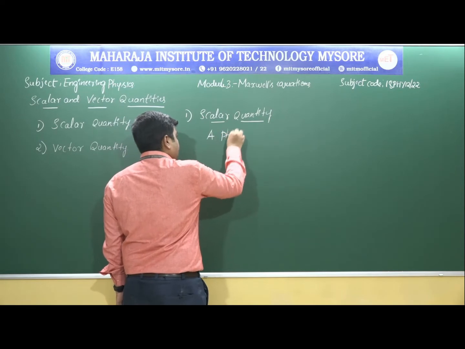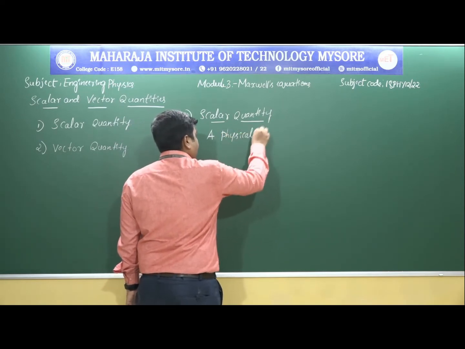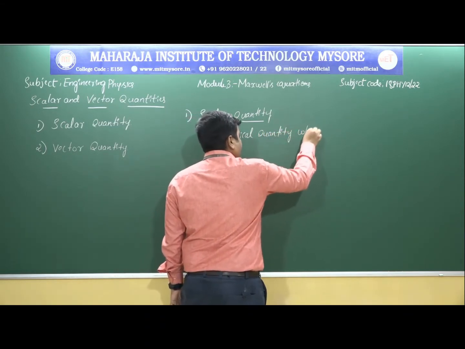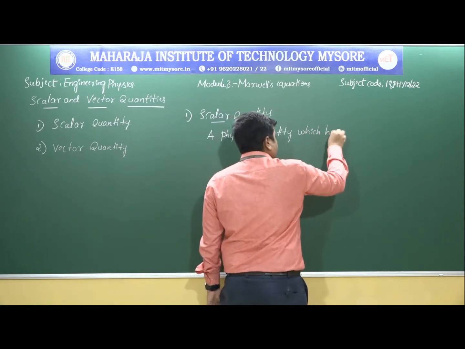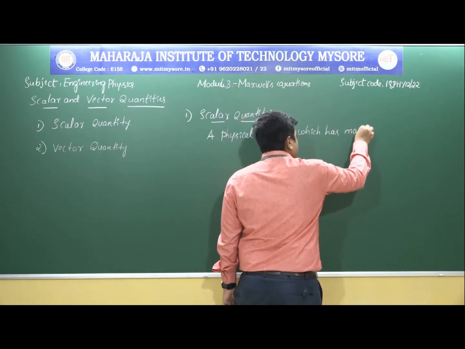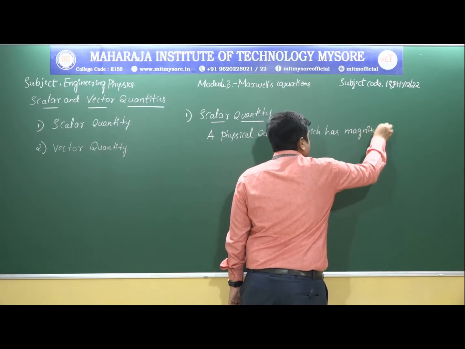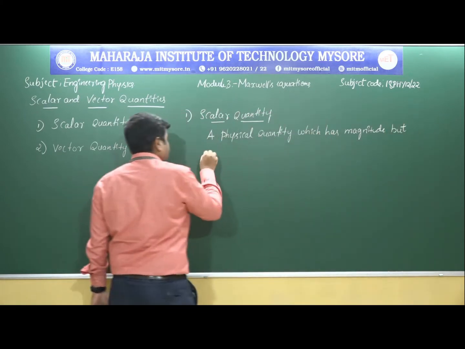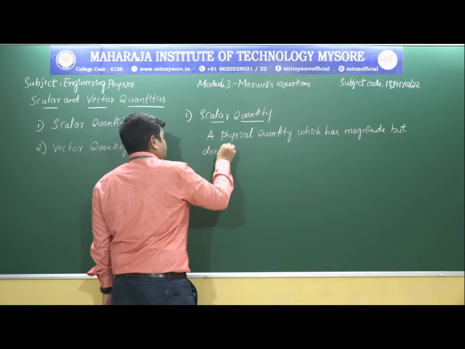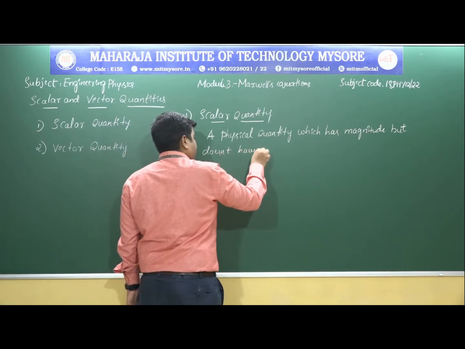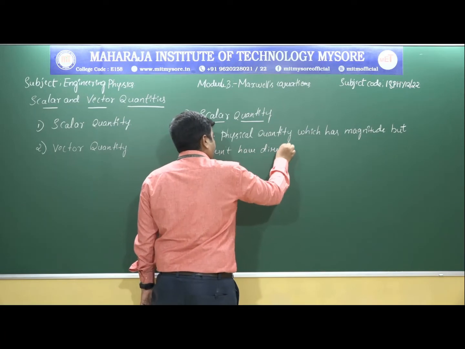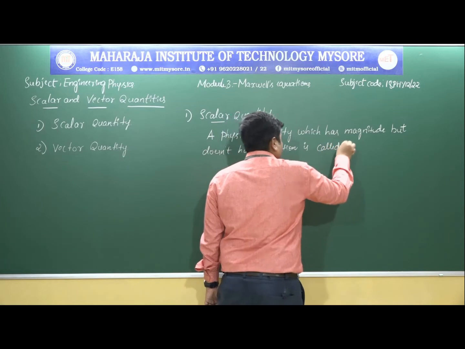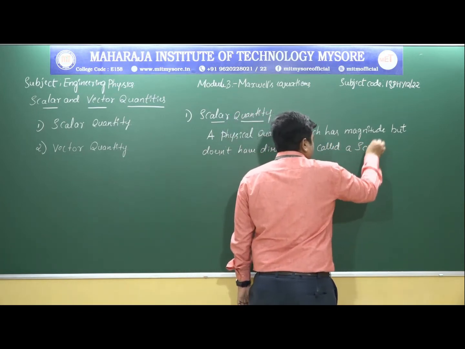A physical quantity which has magnitude but does not have direction is called a scalar quantity.